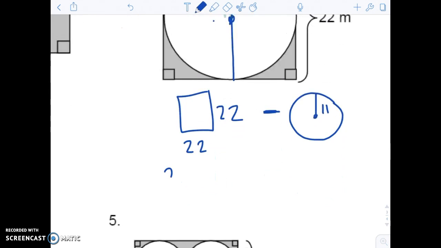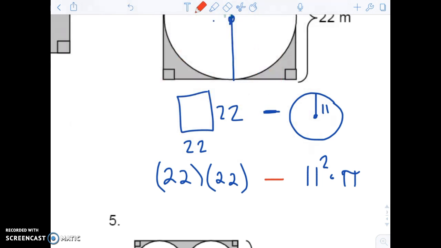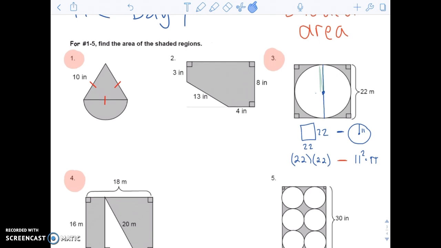So if I take 22 times 22 to get the area of the square, and then take the radius squared times pi to get the area of the circle, then once I have both of those, subtract those answers, that would be the area for the answer in number 3.